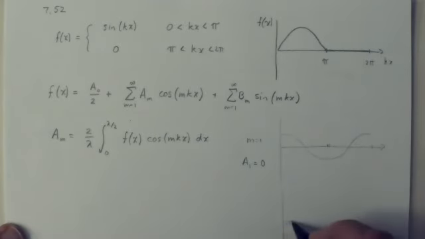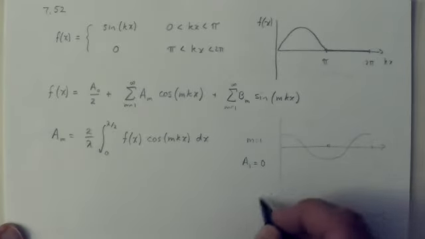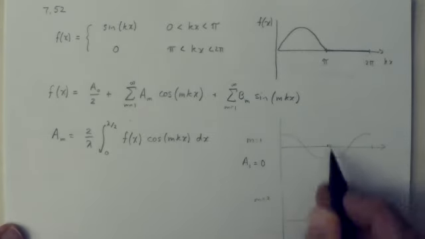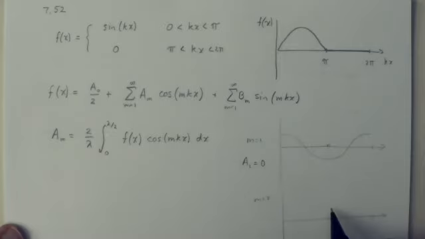What about for m equals 2? Then we've got a cosine of twice that frequency, I guess we could say. So that's going to look more like this. Now I can't make that argument anymore.